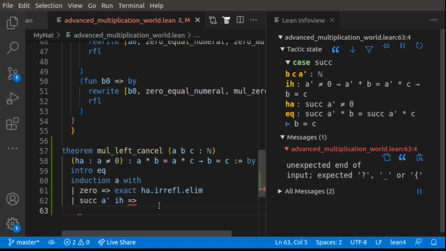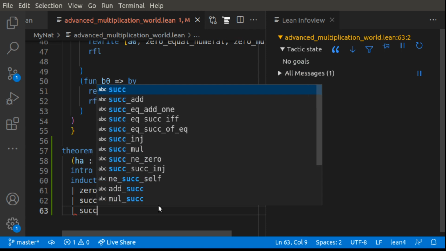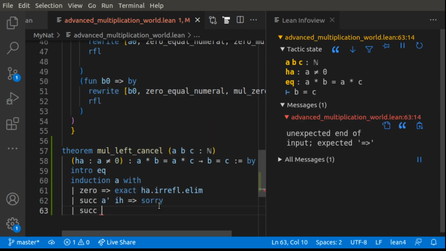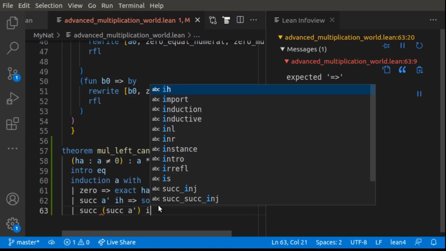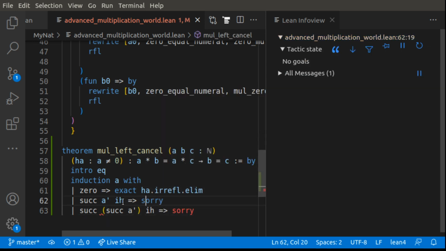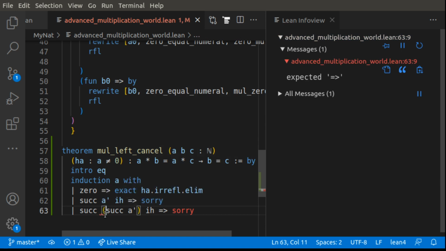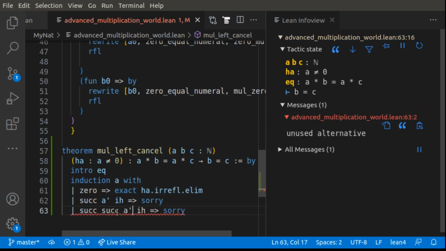Ooh. Does this work? Successor of successor. Can we break it up like this? I didn't think so.